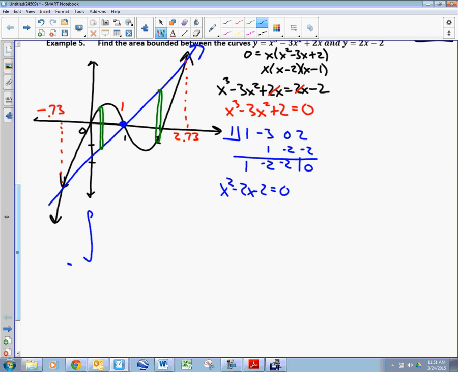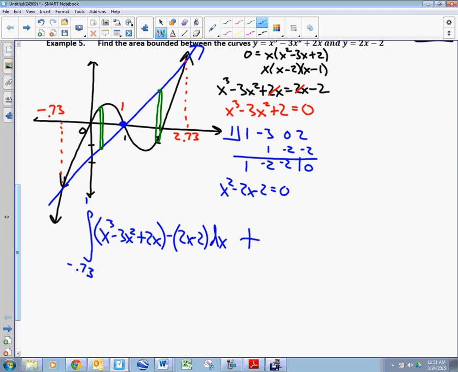The integral from negative 0.73 to 1. The top function is x to the third minus 3x squared plus 2x. And I'm going to subtract the line, which is 2x minus 2, dx.